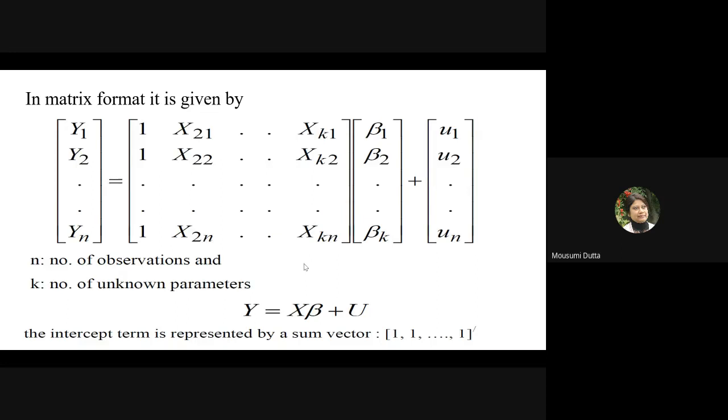So if I calculate the minimum of independent rows or columns, naturally the number of columns should appear as the rank of the matrix, because we have to maintain the degrees of freedom. So n should always be greater than k. If n is always greater than k, the rank condition will be provided by the columns. And here we are considering all the columns are independent. So the rank of X will be given by k.